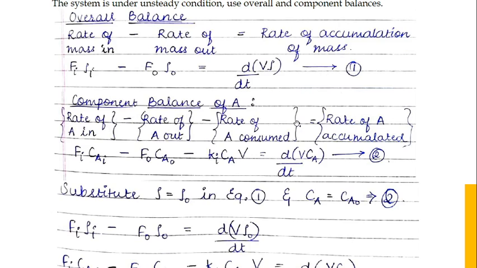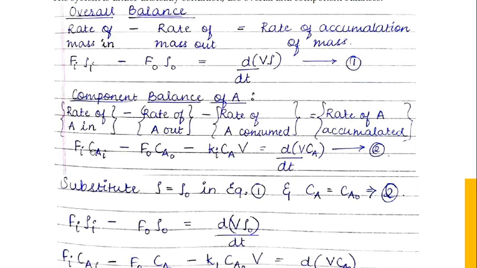What happens to that? It remains within the container itself. It is not going out. If it was going out, we could have called it no accumulation, and we could have called it steady state. Under unsteady state, some amount of the component remains inside the container. So that is why we call it unsteady state.